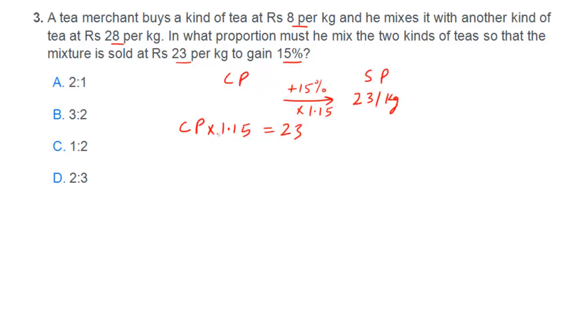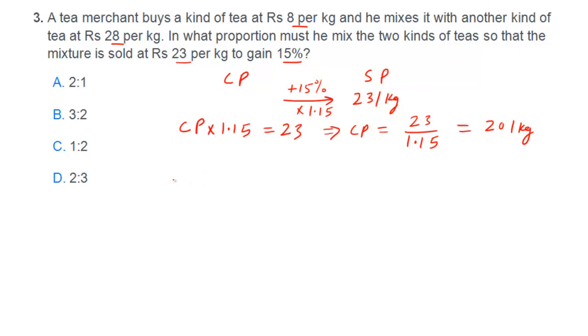So that's why I have multiplied CP by 1.15. That will give me selling price, which is 23. So with the help of that, we can get CP is equal to 23 divided by 1.15, which is 20. So we got CP as 20 per kg.